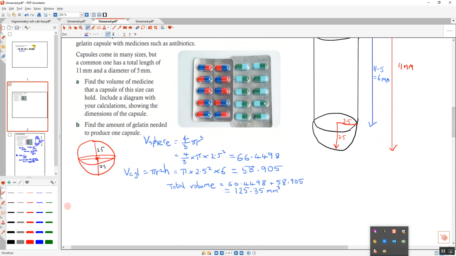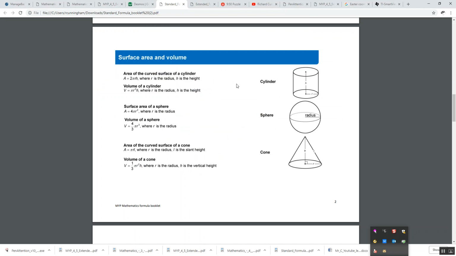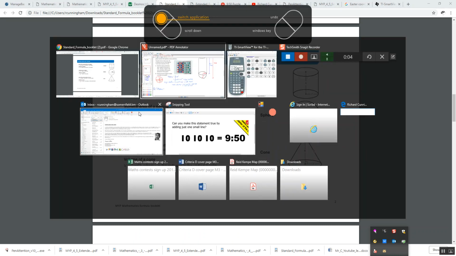Now for part B, I'm after the amount of gelatin needed. That's the amount of the plastic gelatin material needed to cover this capsule. So I'm after surface area. The surface area of a sphere, and if you can't remember the formula, flip back to this one: surface area of a sphere, 4 pi r squared.